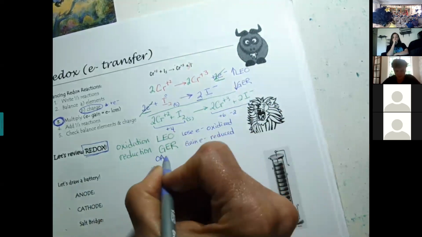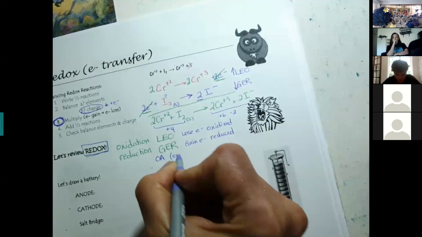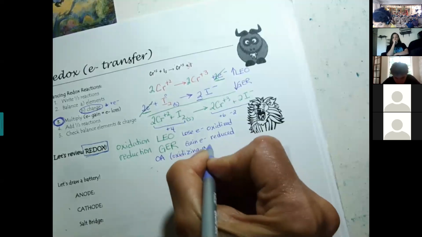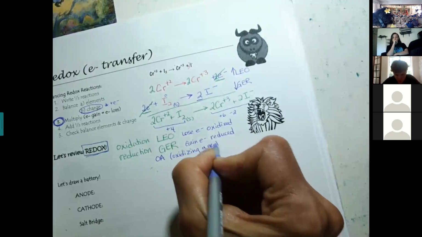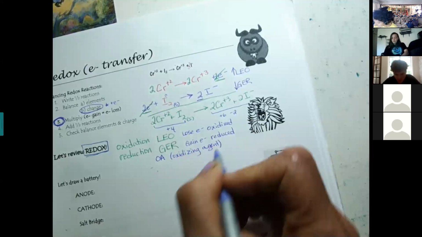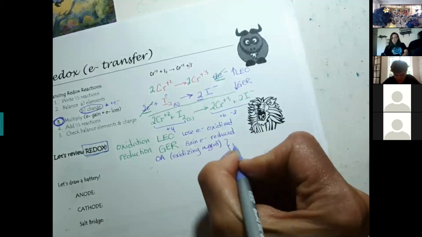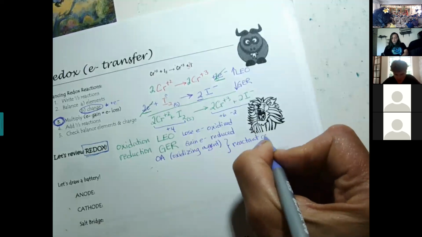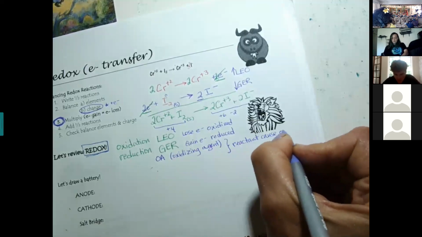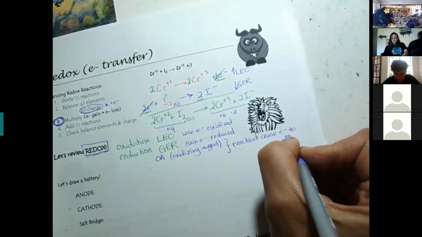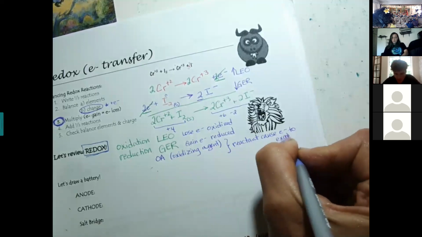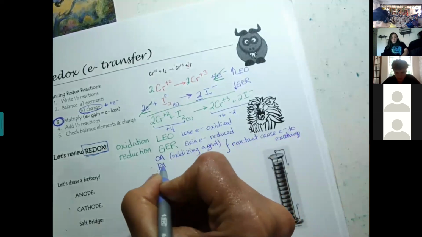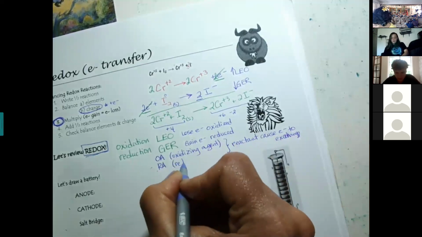The other piece is something I'm going to write underneath here. I abbreviate it as the OA, which is the oxidizing agent, or the oxidizer. It is a reactant. These guys are reactants always, because they cause something to happen. They cause these electrons to exchange from the chromium to the iodine. And then RA is just my abbreviation for reducing agent.